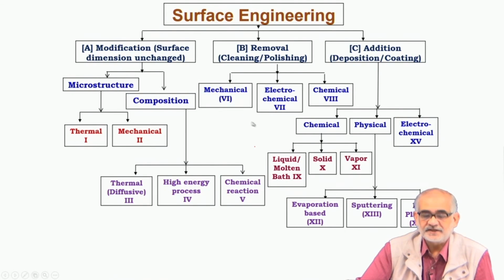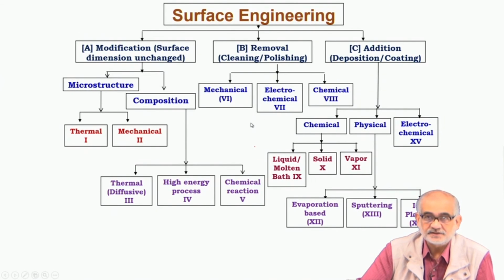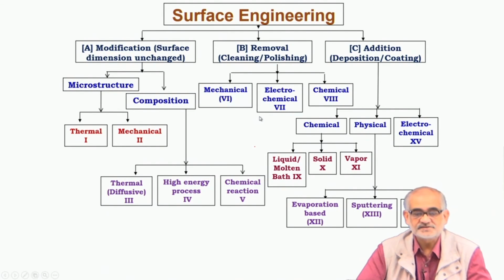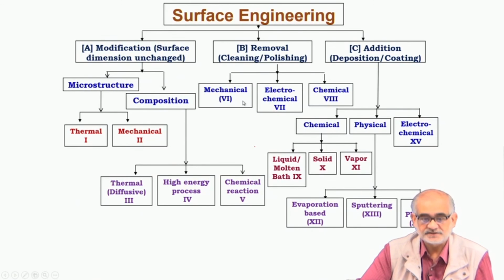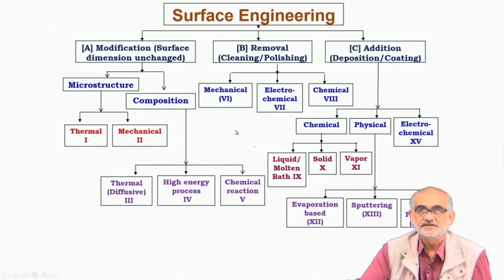Again, I must emphasize that whenever we talk of one of these, for example, electrochemical or chemical processes, under each of these approaches there are multiple techniques possible. And with this summary slide, we should be able to take a bird's eye view and, in one snapshot, capture all possible approaches for the so-called surface engineering of engineering solids. Thank you very much.